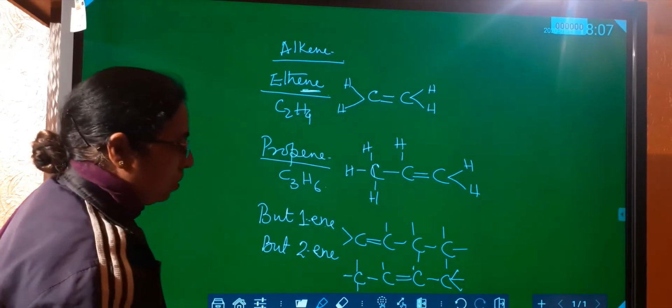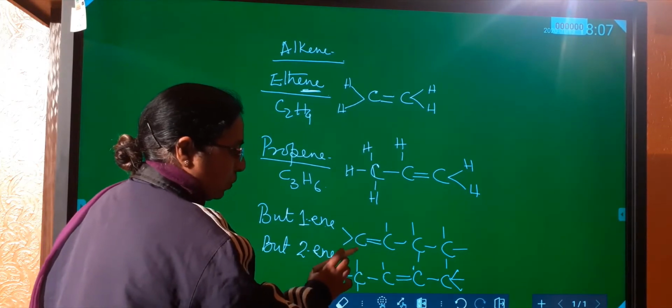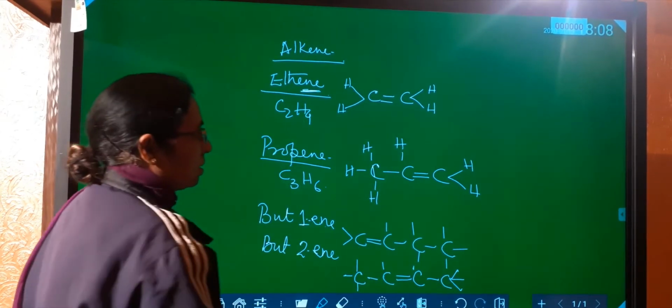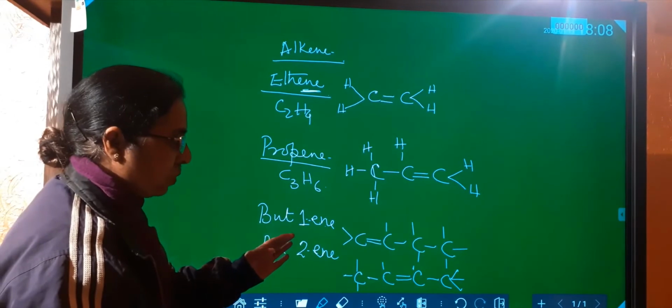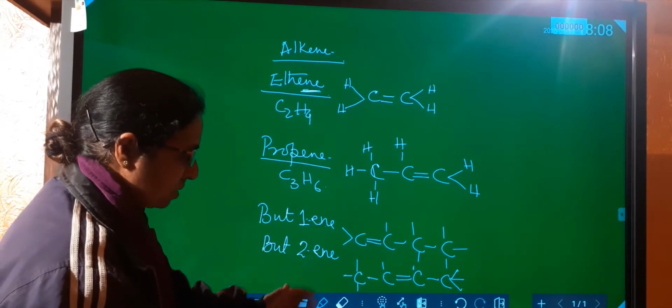Alright, so this is but-1-ene and this is but-2-ene. These are known as straight chain compounds.